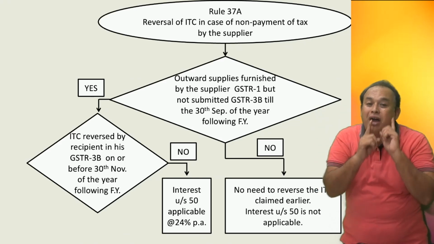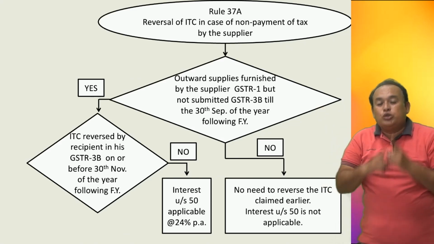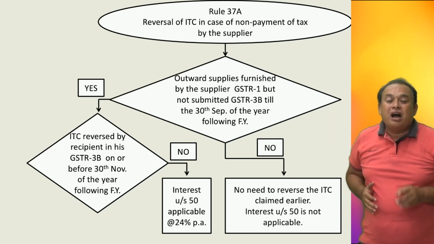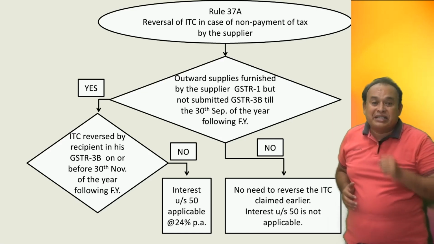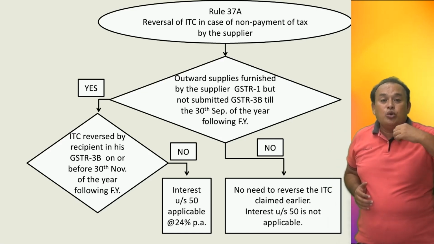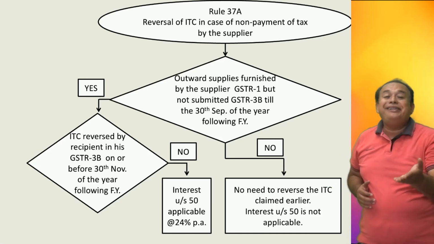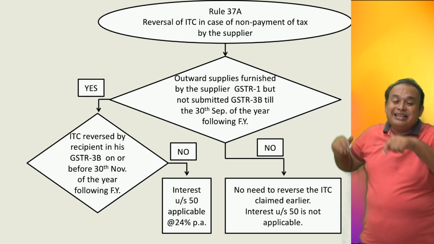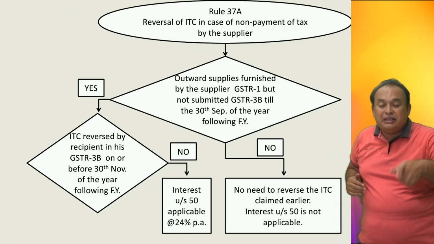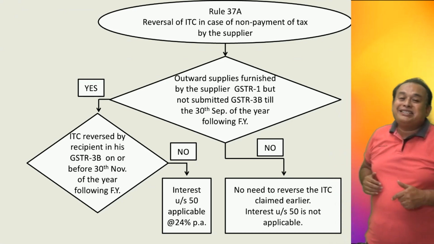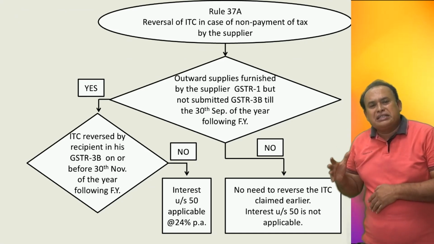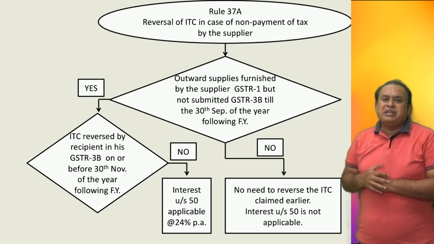Since you have not reversed your input tax credit on or before 30th November of the financial year, you have to pay with interest under section 50 from the date of utilization of the input tax credit till the date of payment, till the date of reversal. You have to pay interest at the rate of 24% per annum. Very huge, stringent, painful provision it is.